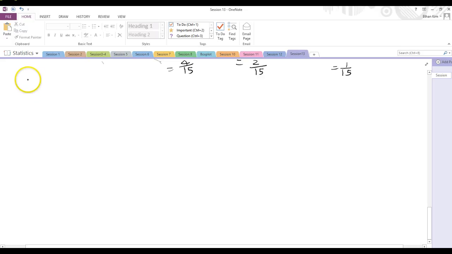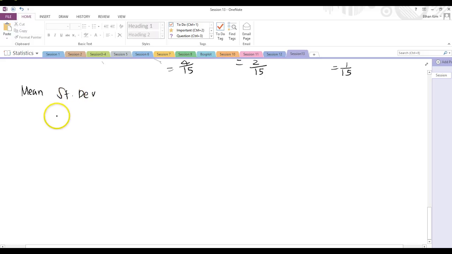So it does have a mean and standard deviation. We are going to look at how we can come up with these measures, looking at the frequency distribution. And it's the same.